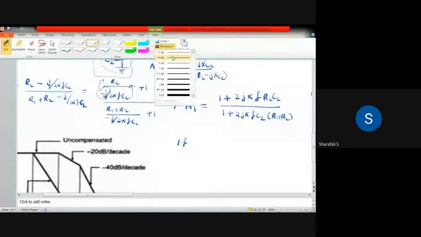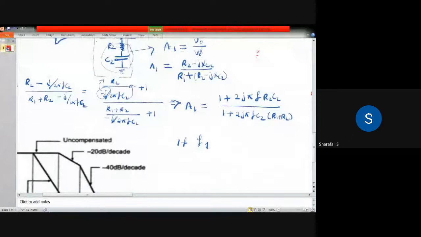Let's say f1 is equal to 1 by 2 pi R2 C2, and f0 is equal to 1 by 2 pi C2 times R1 plus R2.